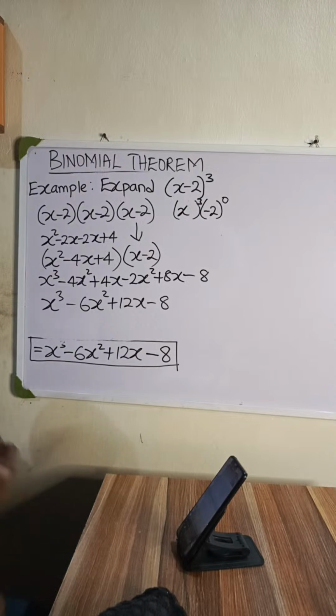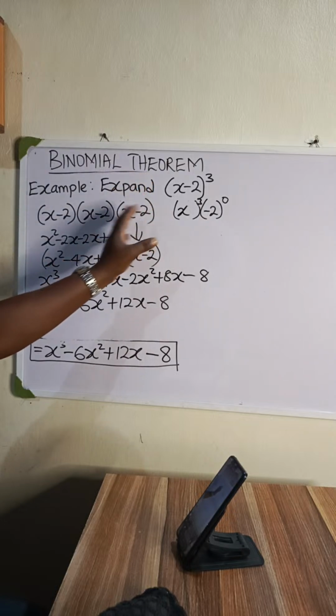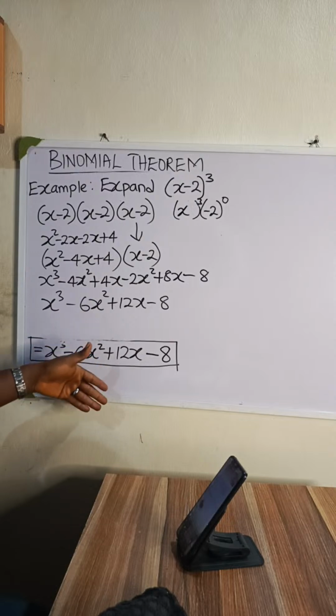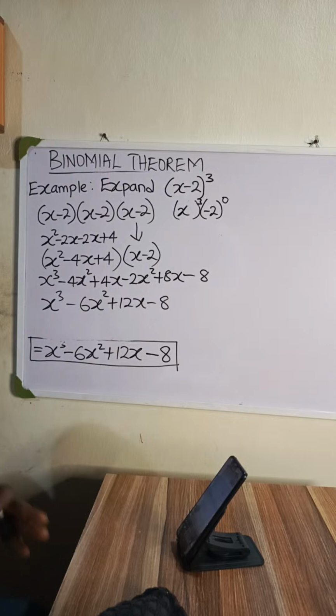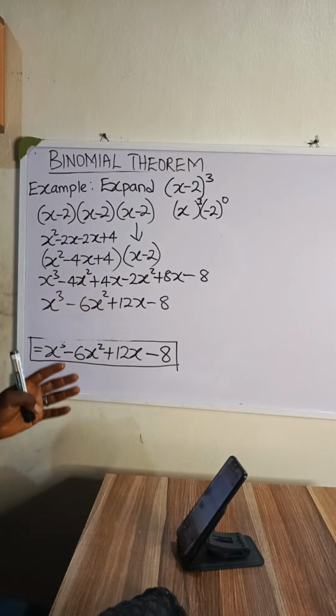Now, you might not see the value of using Pascal's triangle because this looks simpler than what we did when we went through Pascal's triangle. But when you now have exponents that are very large, then you see the benefit of using Pascal's triangle. I know you guys will prefer this method.